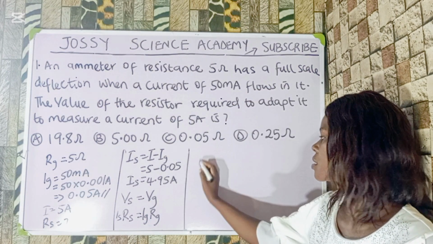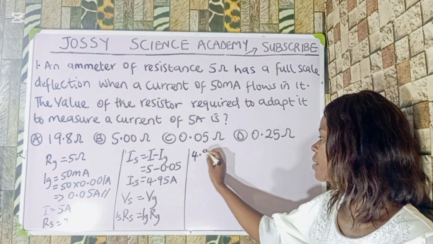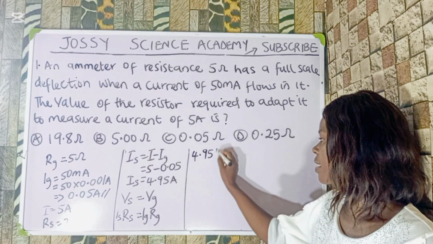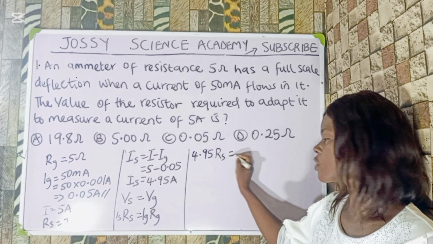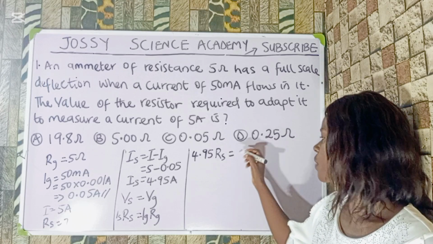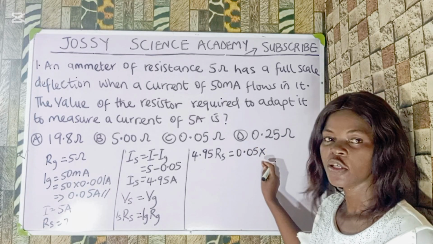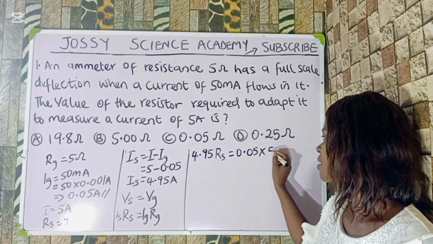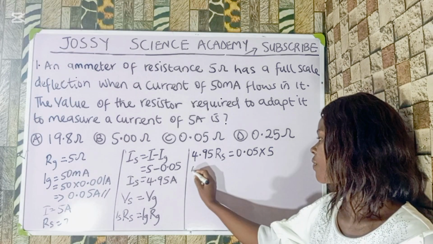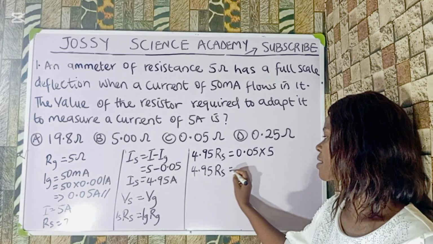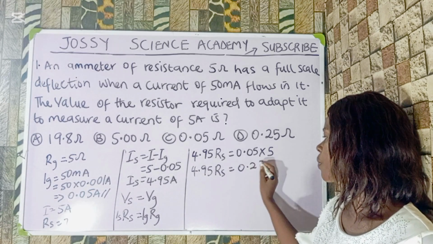Now let's substitute into what we have to get our answer. Current of the shunt is 4.95, and we are looking for the resistance of the shunt, that is Rx, which is equal to the current of the galvanometer, 0.05, multiplied by the resistance of the galvanometer, 5. So 4.95 Rx is equal to 0.25.